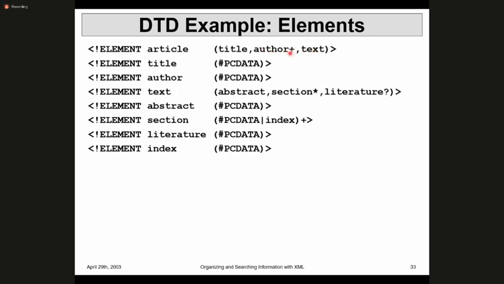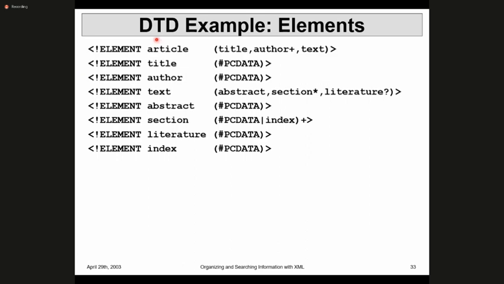What does the plus after author mean here? Author plus means there can be multiple authors. Title can have PCDATA, author can again have PCDATA. Text should have abstract, and there should be a section also. Likewise, you can define this XML DTD.